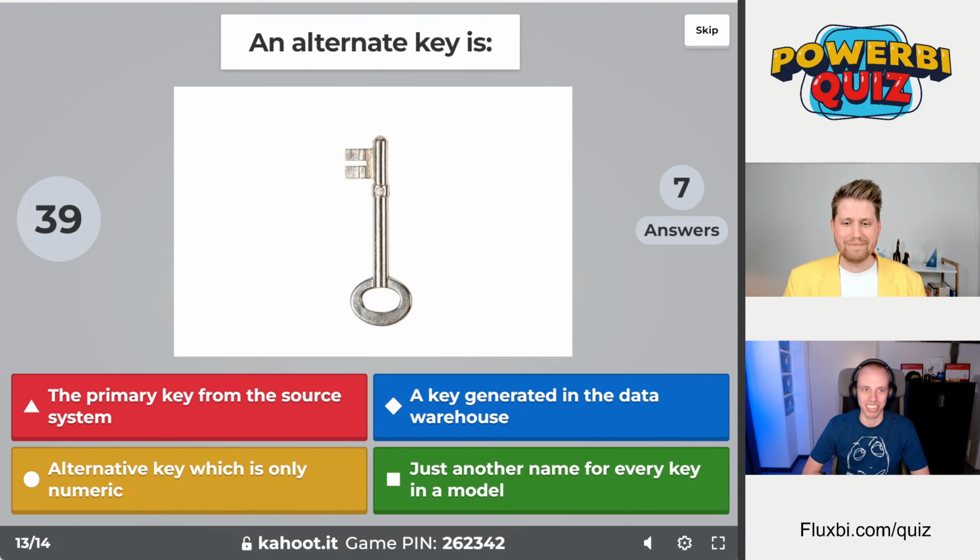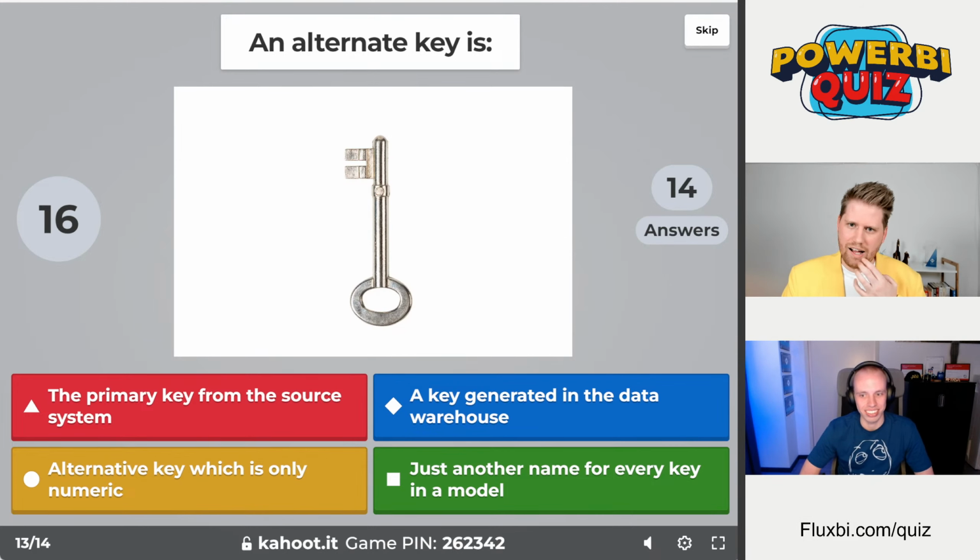And I still remember the answer: it is the primary key from the source system. For everyone that already wants to know, this somehow relates back to slowly changing dimensions. You still remember the answer?